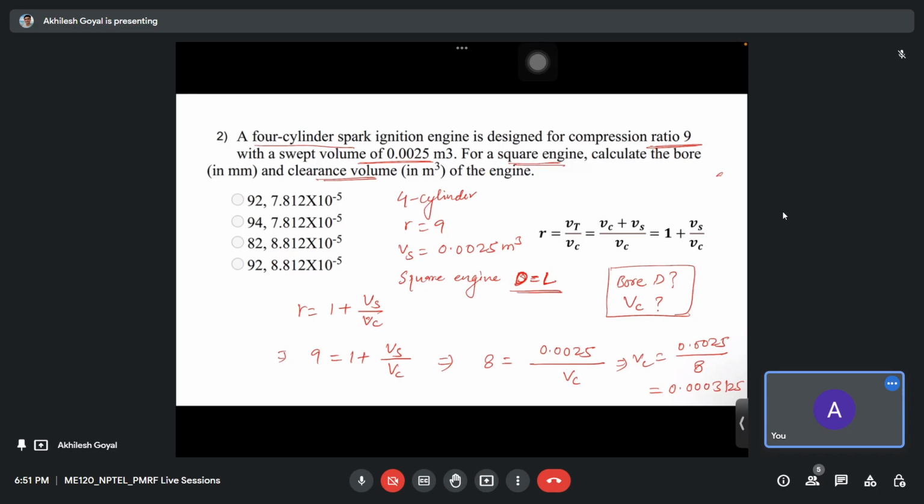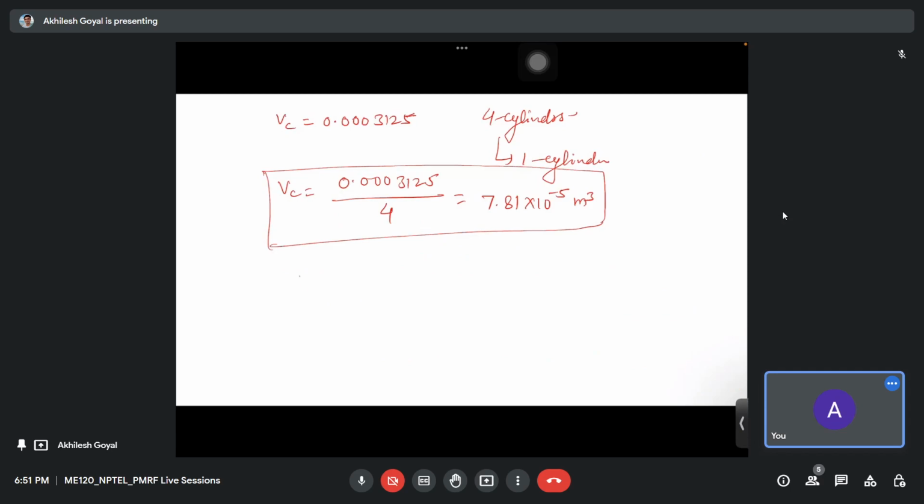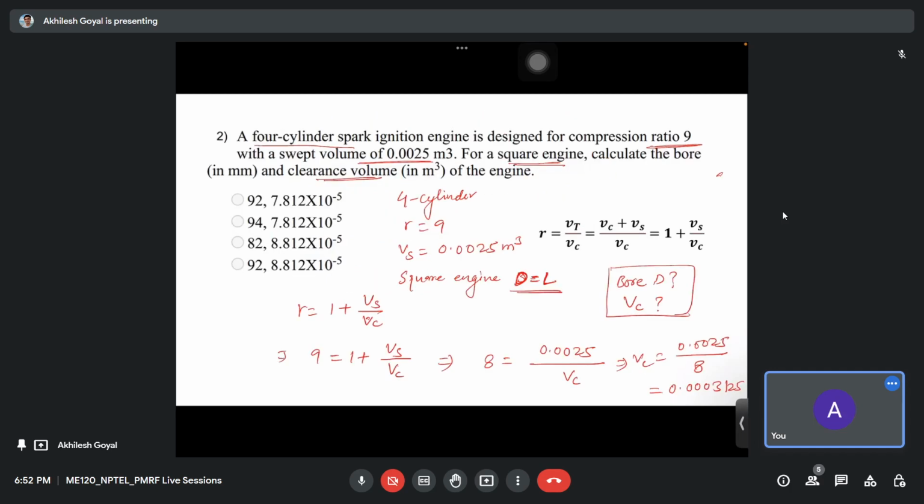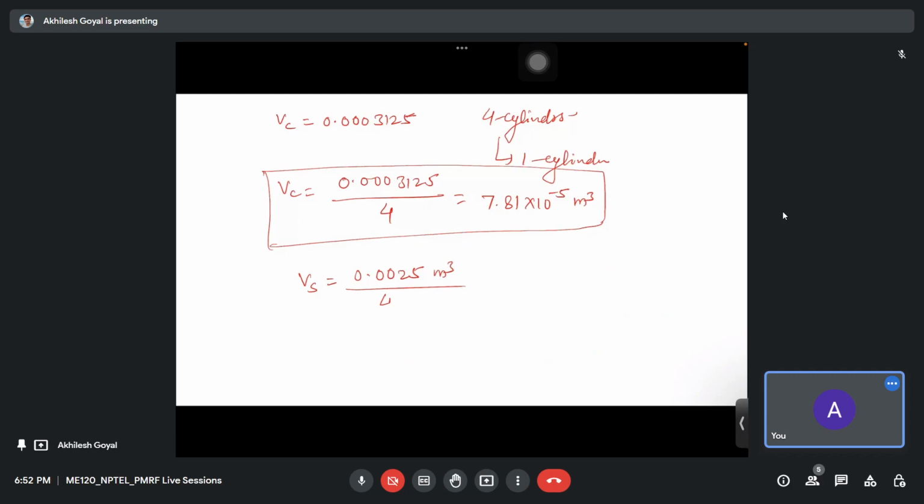Here the swept volume Vs is given as 0.0025 meter cube, and this swept volume is for 4 cylinders. So for a single cylinder, the volume will be 0.0025 divided by 4.